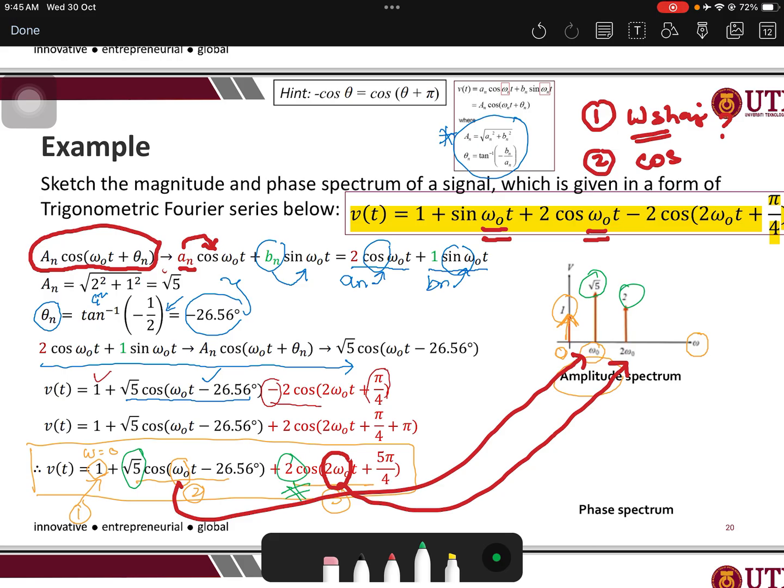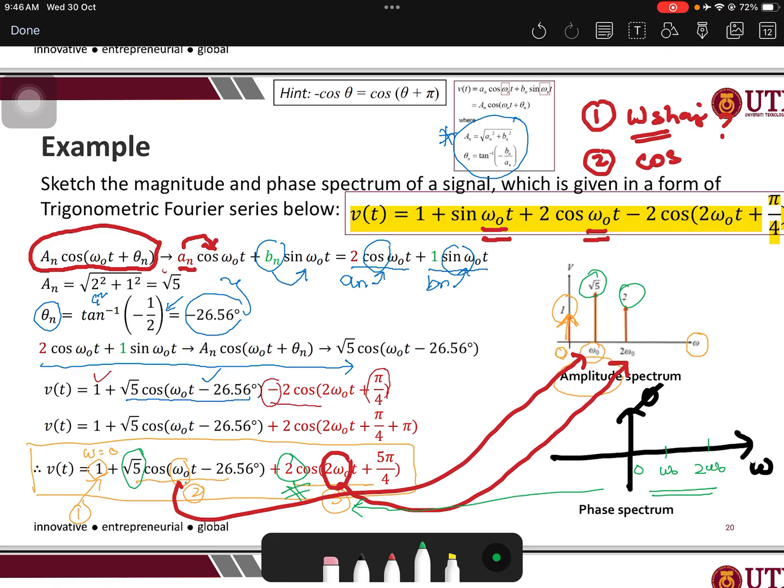Now, how to draw the phase spectrum? Of course, this one is the omega, and this one is your phasor. For the first, just follow the angular frequency: this one is 0, this one is omega naught, this one is 2 omega naught. You need to label these based on the given signal.